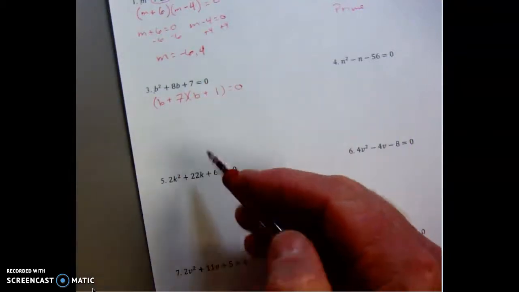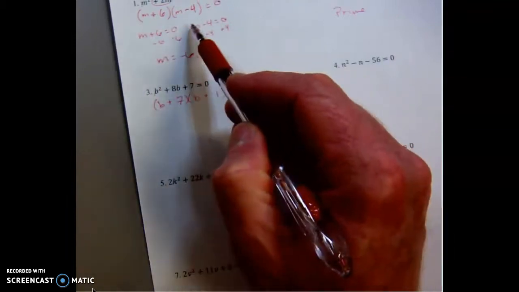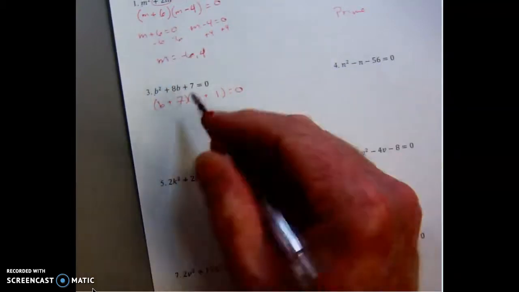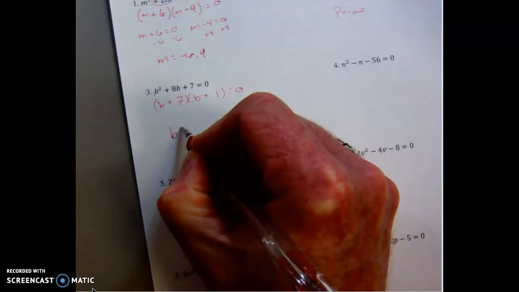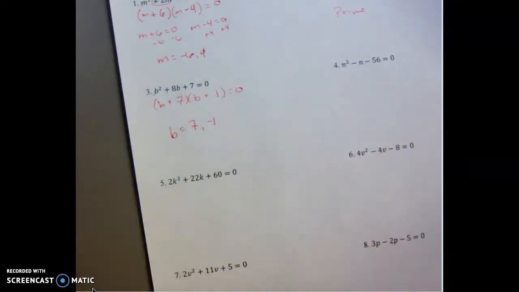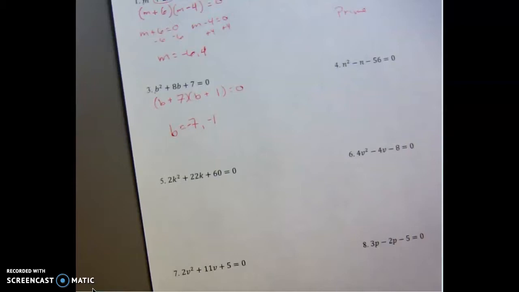I think I can skip most of this step up here because all we do to move this to the other side of the equation is switch the sign. So this is going to be b equals negative 7 and negative 1. So I kind of shortcut it there. Be careful with your signs.